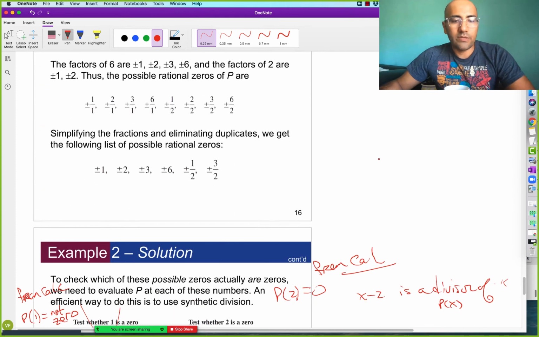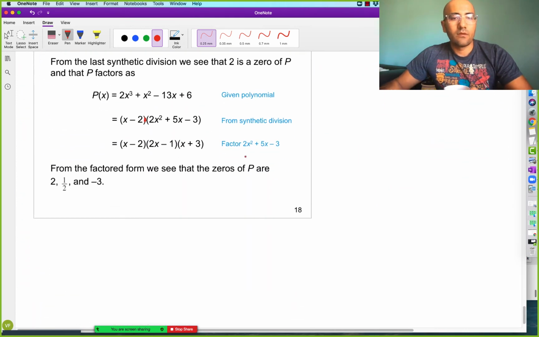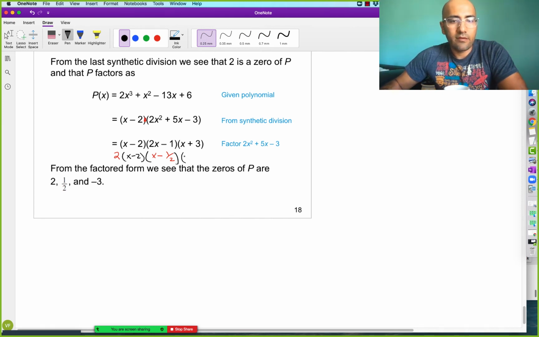And so when we factor it this way, we see that if we had written it in terms of a half, so this could be thought of as x minus 1/2, and so it's missing a 2. So I could say that if I factor out a 2 out here, 2, and it's x minus 2, x minus 1/2, x plus 3.